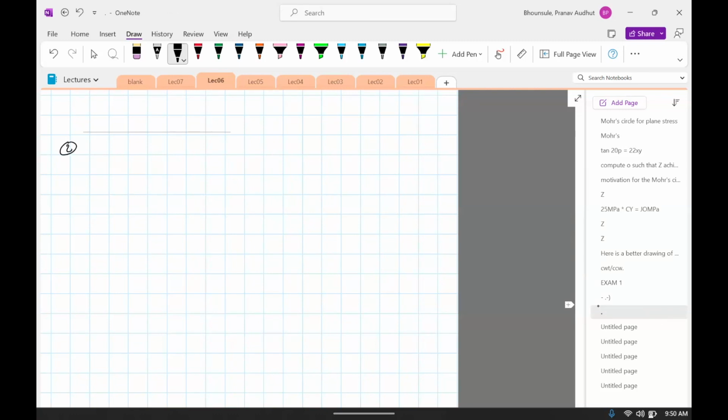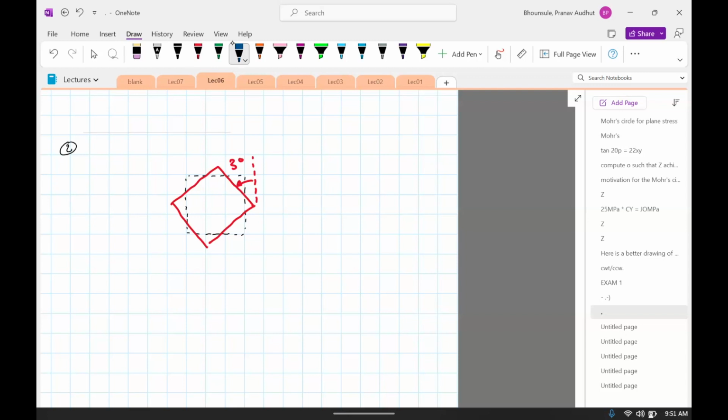So the original element is drawn like this. We need to rotate this by 30 degrees in the clockwise direction. So we need to do that here, where this is 30 degrees clockwise.